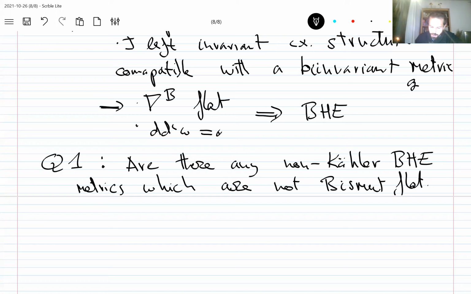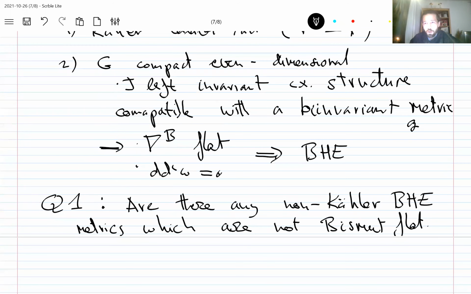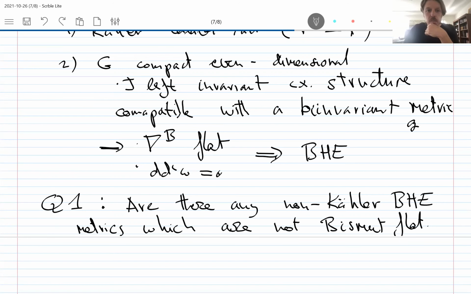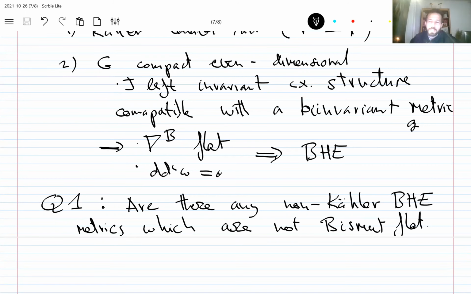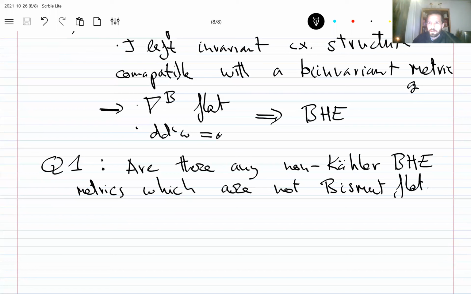Well, this may look surprising, but we don't know the answer to this question. You probably also want to say that there's not a Kähler factor, right? I mean, you could take a K3 cross with a. Yeah, of course. You want this to be not a product, yeah. So if the manifold is not a product, we don't know the answer to this question.